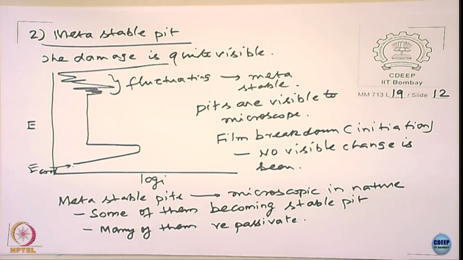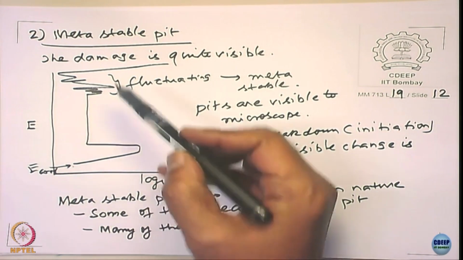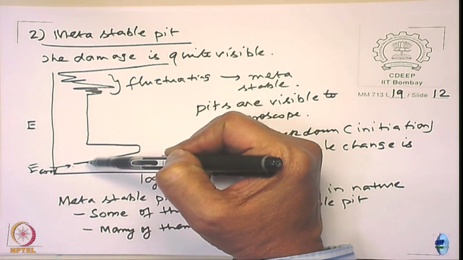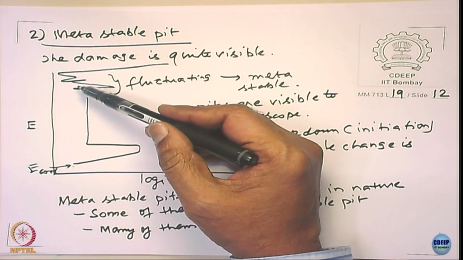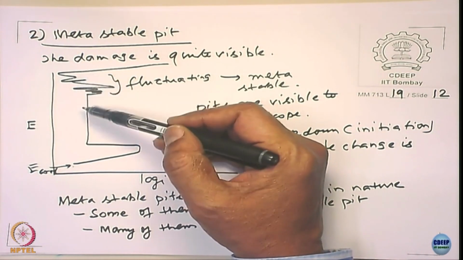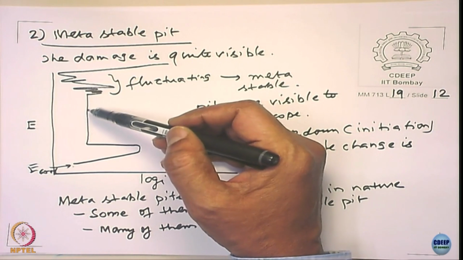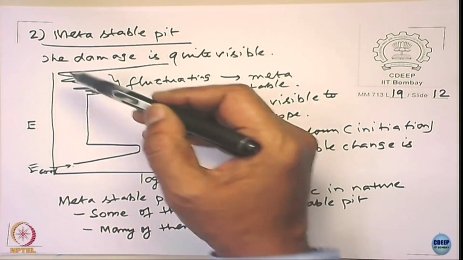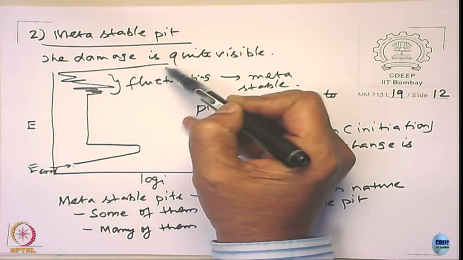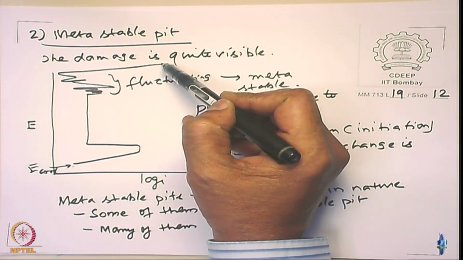It goes to the original state of passivity. Now what does it mean? When you start moving from the corrosion potential up towards the noble side, okay, noble side, you see the current start fluctuating, and then the current becomes here, you see here what happens, here the current is steadily increasing, and this becomes a stable pit.